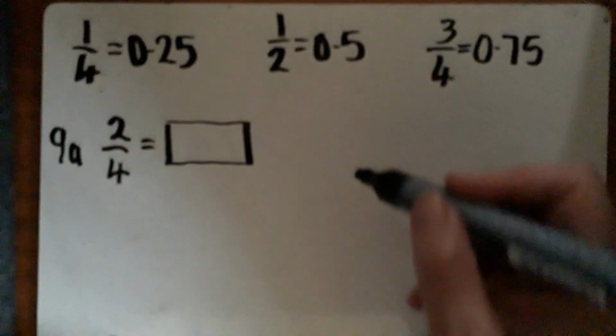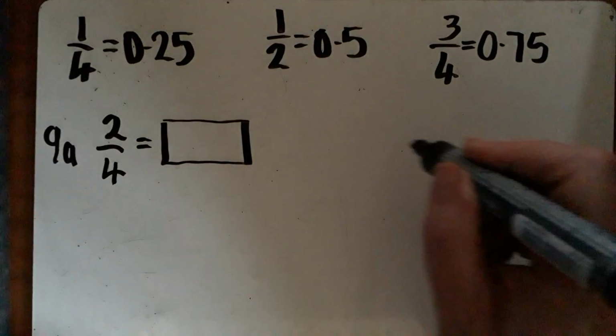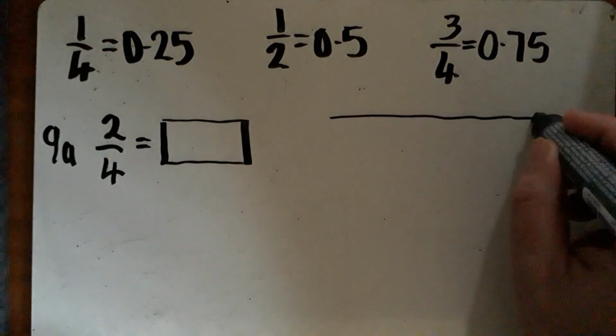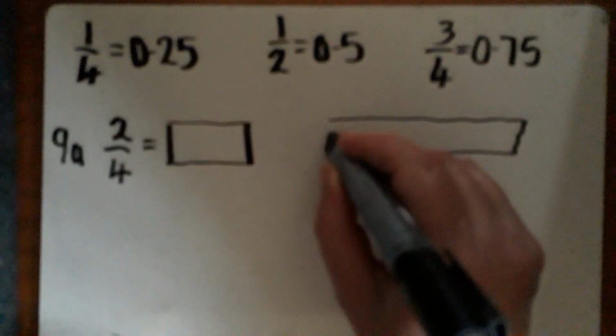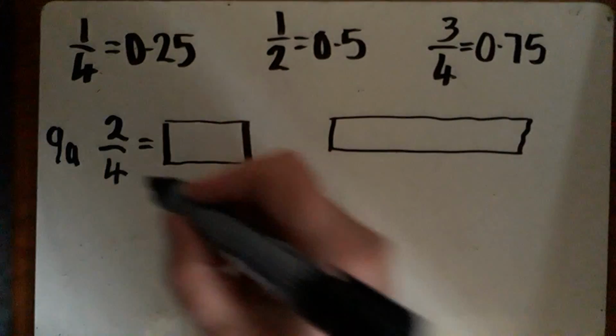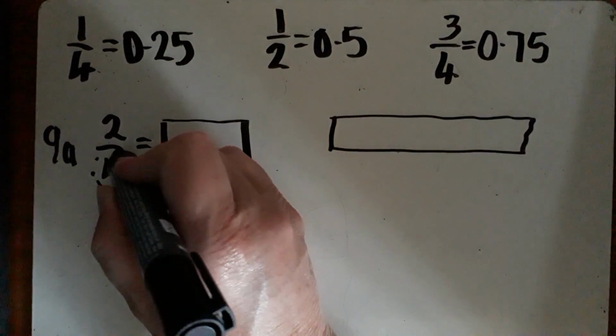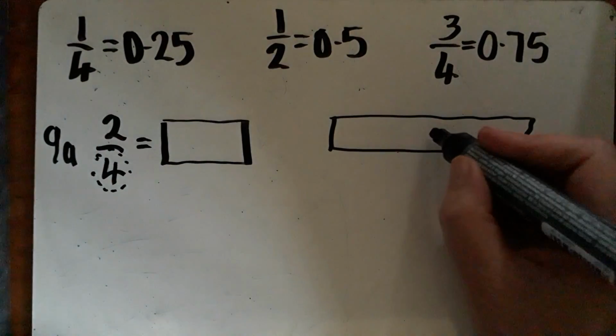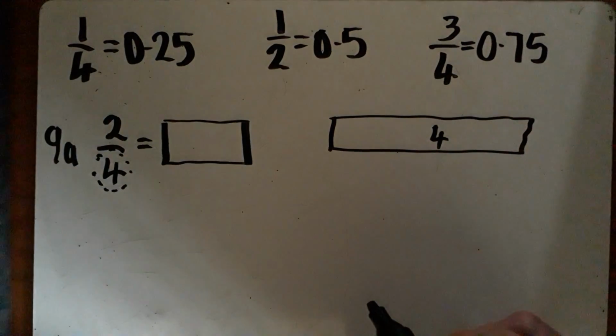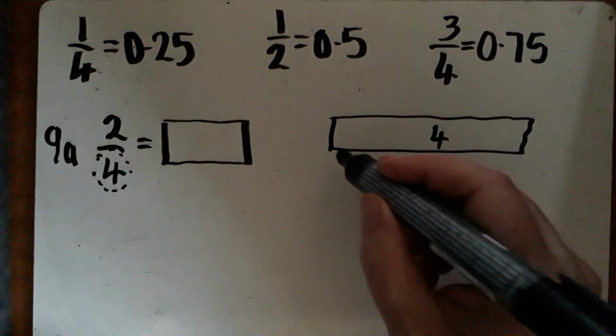All right, so if you're not sure what we're doing, we can draw it as a bar model. So we know that the denominator of the fraction tells us how many parts are in a whole.